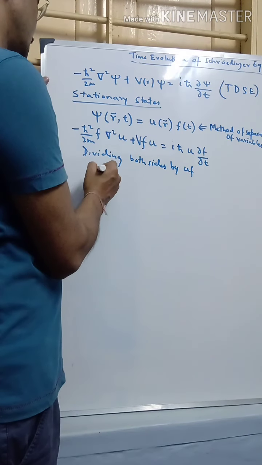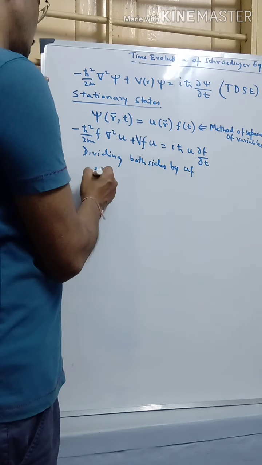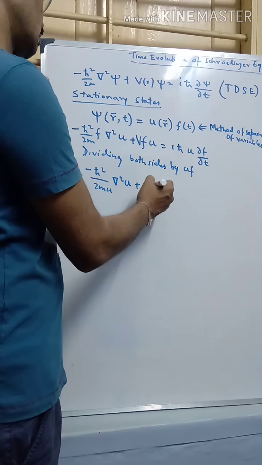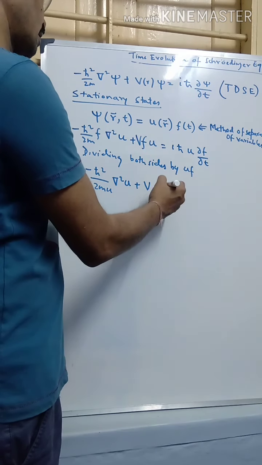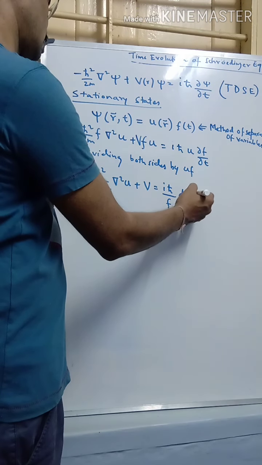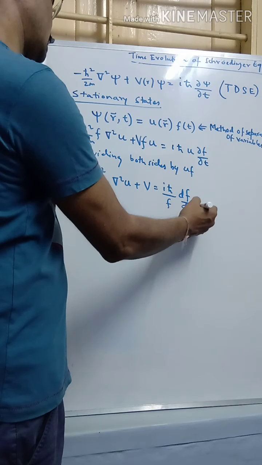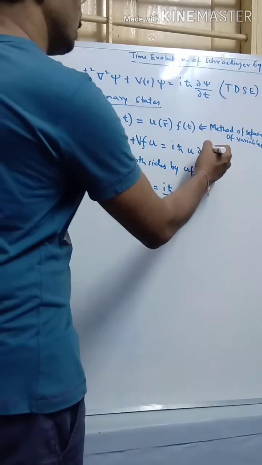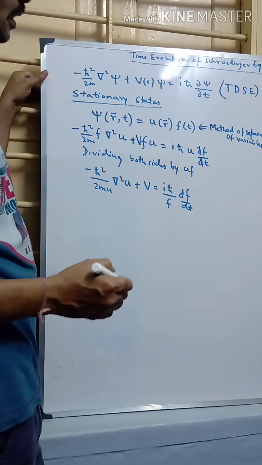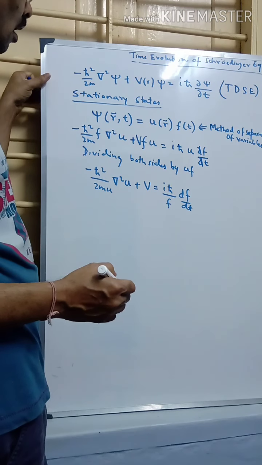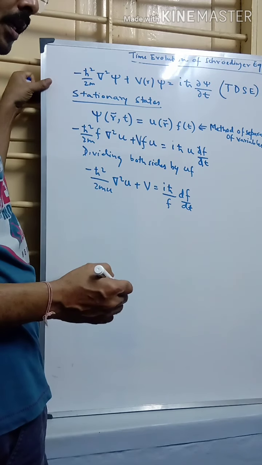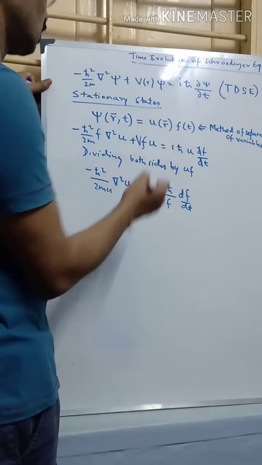What do we get? We get minus h cross square by 2m u grad square u plus V is equal to i h cross by f df dt. This should be d. The left hand side is supposed to be a function of r only, and the right hand side is supposed to be a function of t only if V is only a function of r.